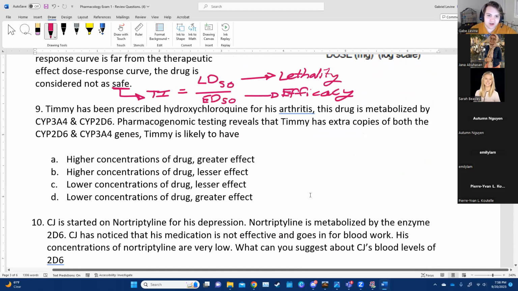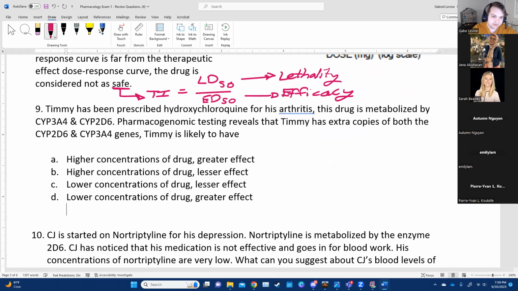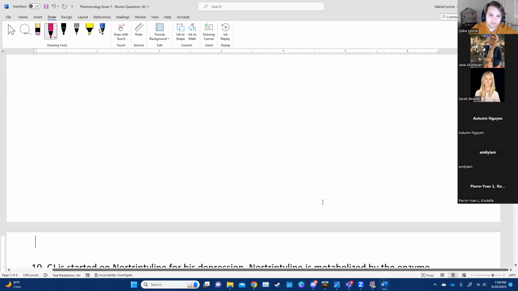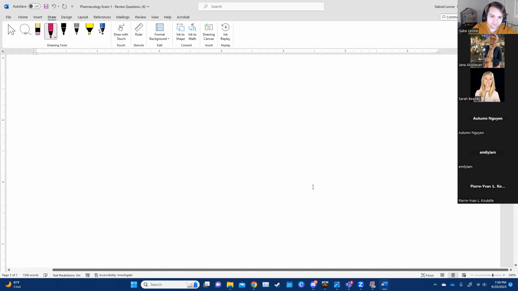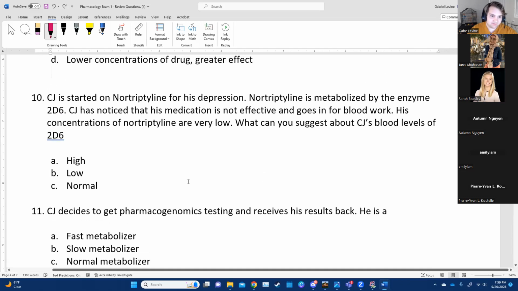Timmy has been prescribed hydroxychloroquine for his arthritis. This drug is metabolized by CYP3A4 and CYP2D6. Pharmacogenomic testing reveals that Timmy has extra copies of both of those enzymes. Timmy is likely to have. Oop, I have completely messed this up.